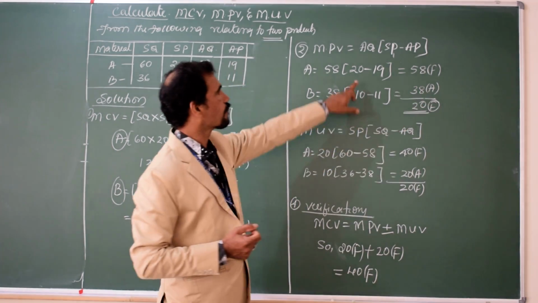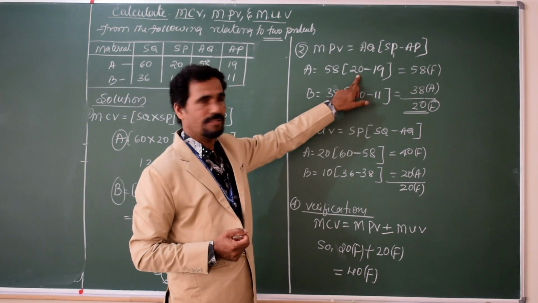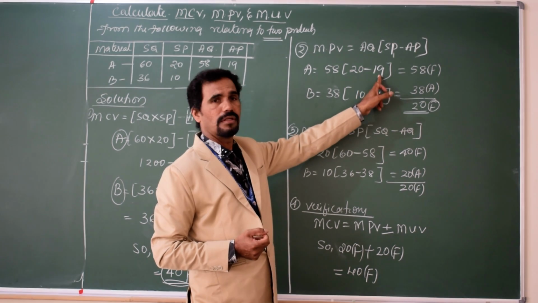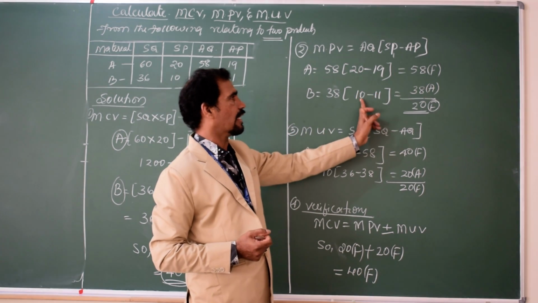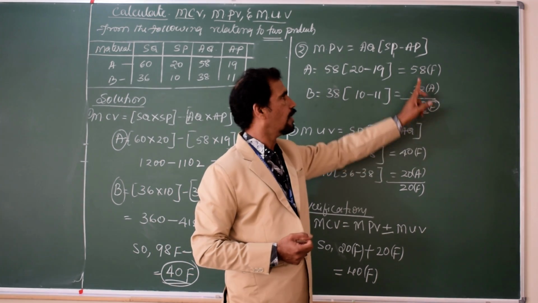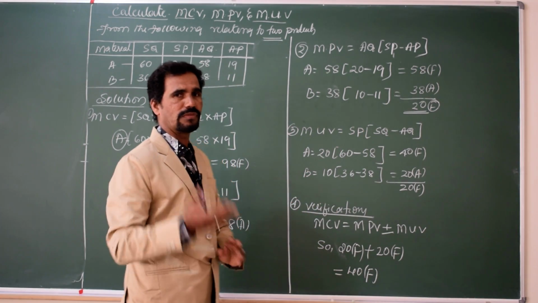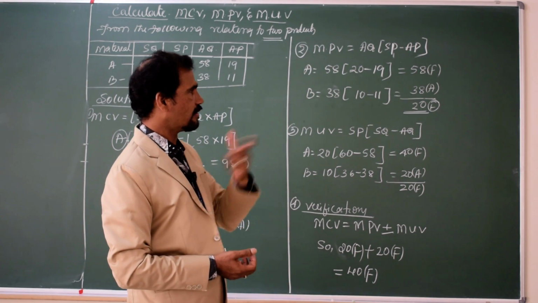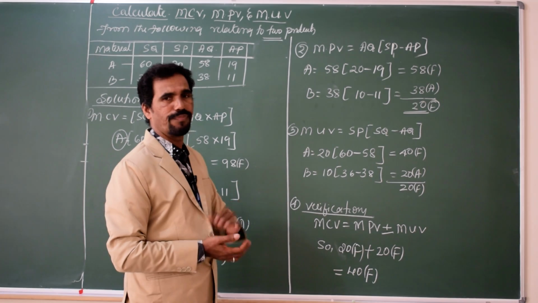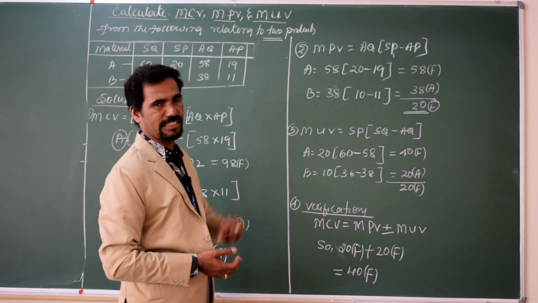See this answer: for A the standard price is 20 but the actual price 19 is 1 rupee less, and here it is 1 rupee more. So this is called favorable and adverse. 58 is favorable, 38 is adverse. So the answer comes to 20 favorable. So the third step, material usage variance.